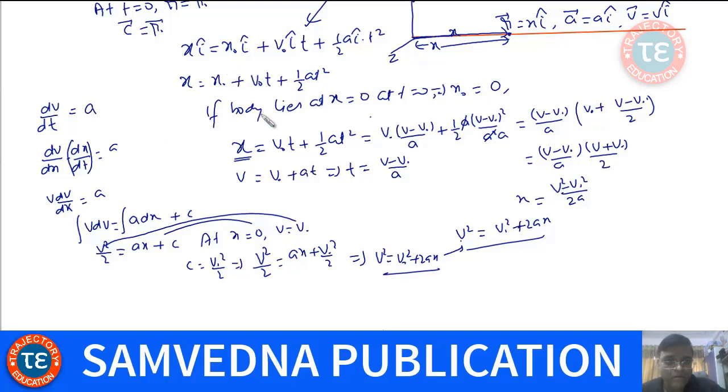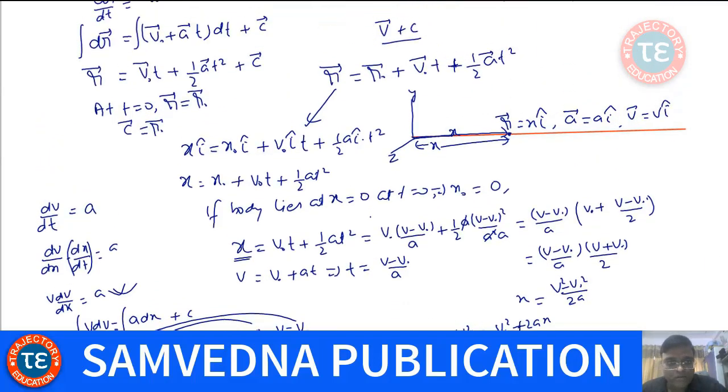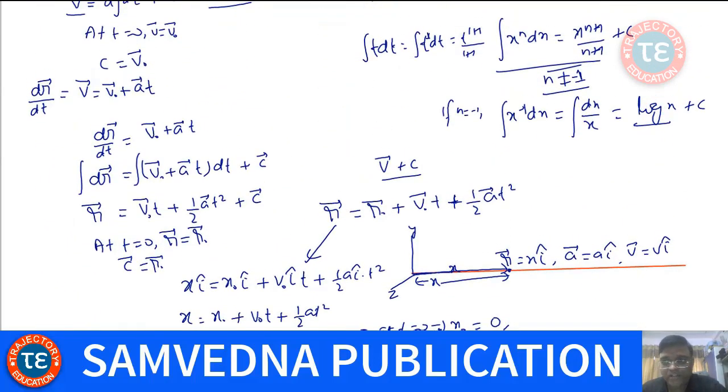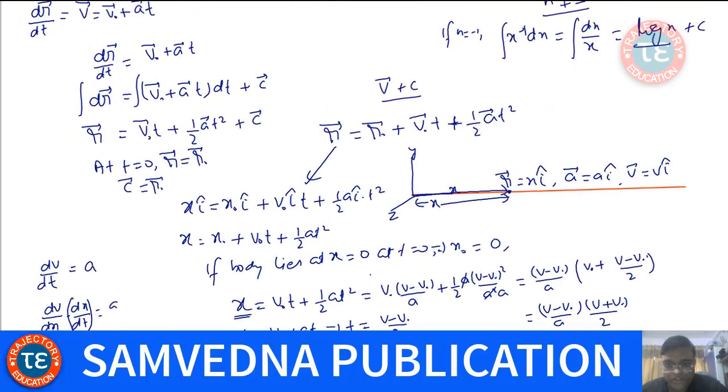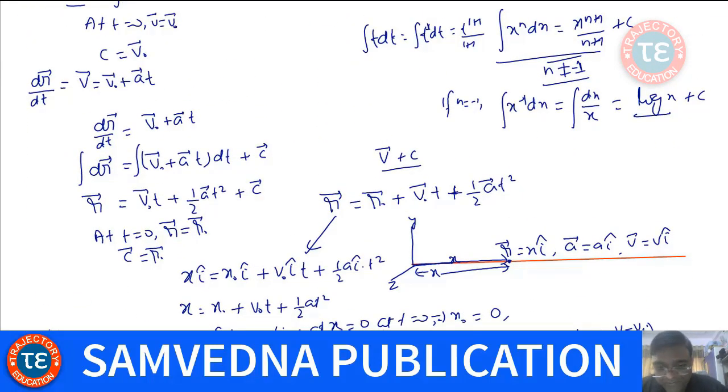So you can get it in any way. You can get it from here also by eliminating t from these two equations, or you can get it from here. So these are the basic equations of motion for one dimension. It's uniformly accelerated motion, and we'll make use of it in doing some questions.